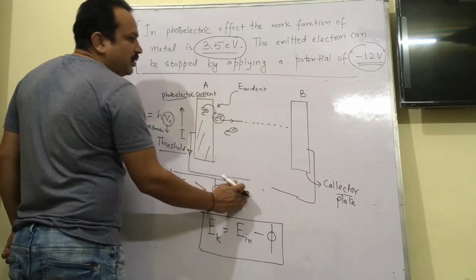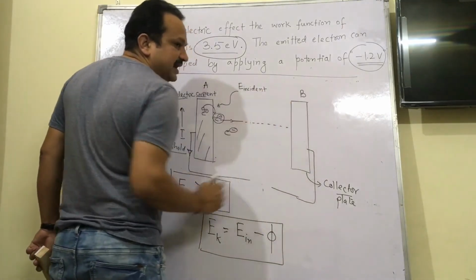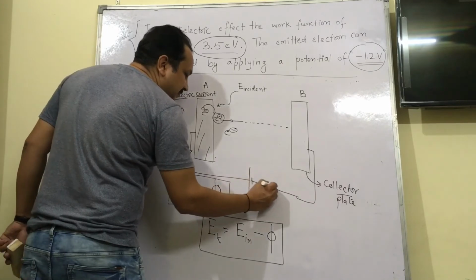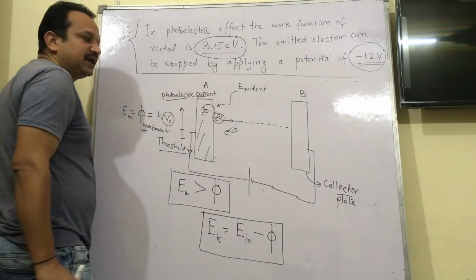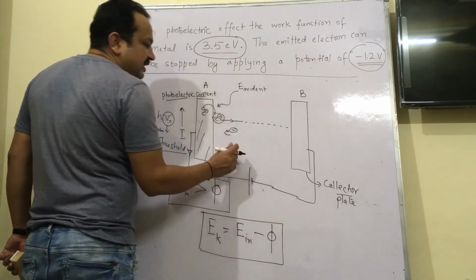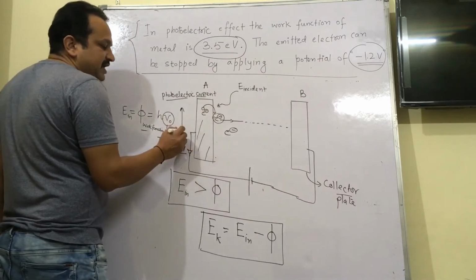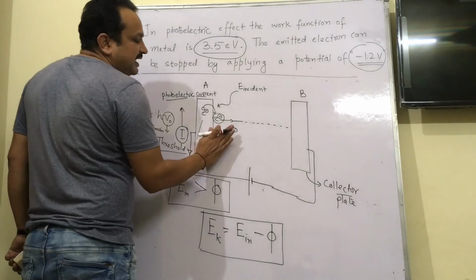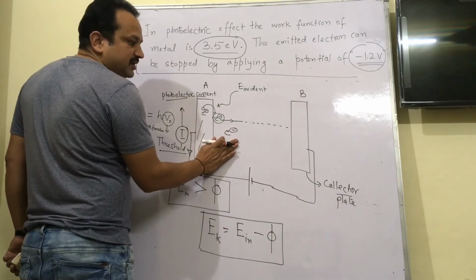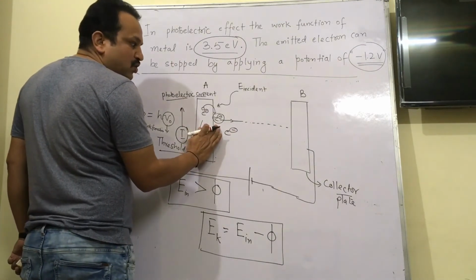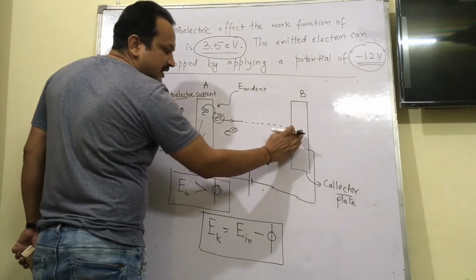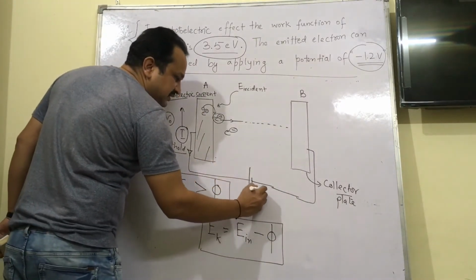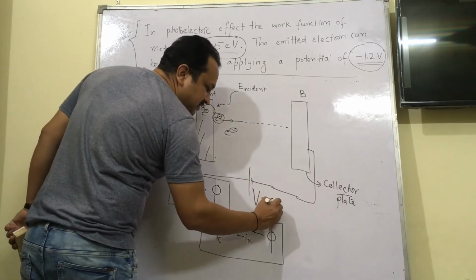to go to this collector plate, then we need to apply some potential, and this potential where the current will become zero, it means the electron will stop over here. It will not go from this plate to this plate. This potential is known as the stopping potential.